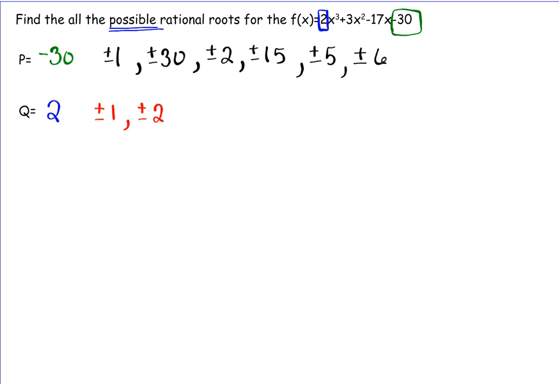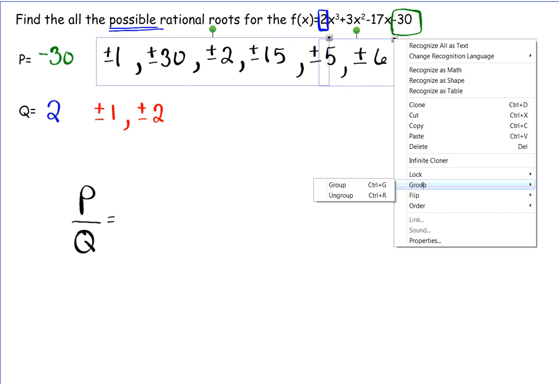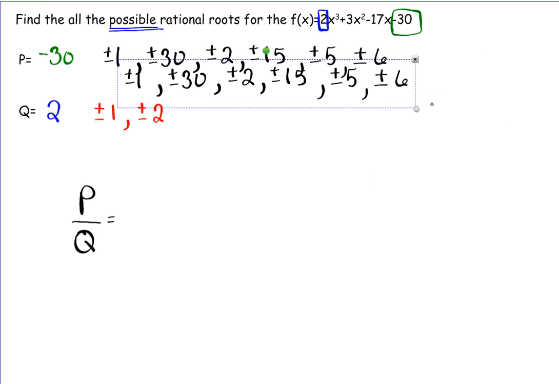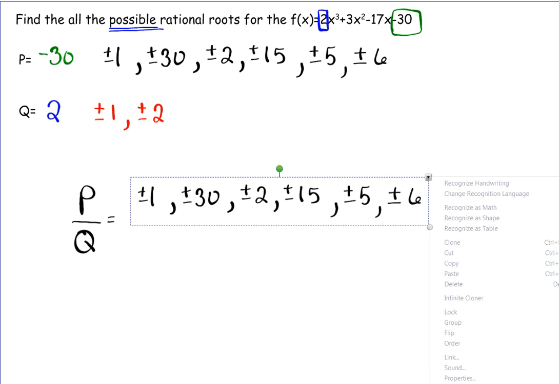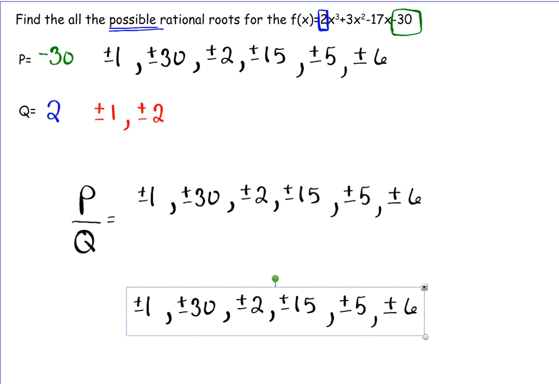Now, the set of all possible rational roots is P over Q. The easiest way to write this set out is to write all the P's with the first Q underneath it, and then all the P's again with the second one. So I'm going to take this big lovely set right here, group it, and clone it twice, because how many factors did I have for Q?